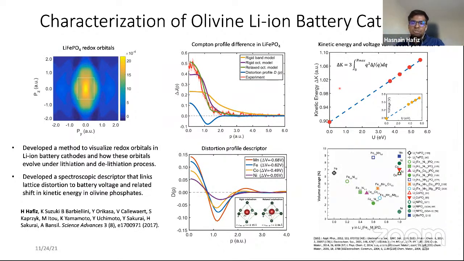And we then construct a descriptor that connects voltage shift in battery cathodes to the metal oxygen bond oscillation.